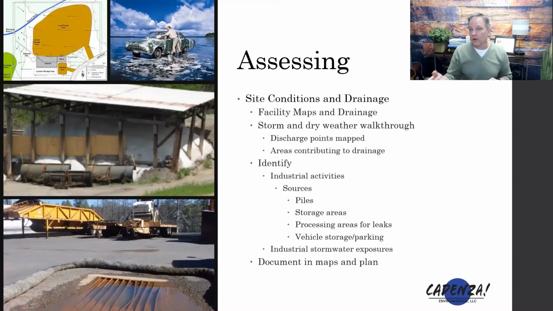Vehicle storage or parking, or activities that happen outdoors that, if not controlled, could contribute to stormwater pollution. So in industrial stormwater exposures, you would identify all of this and put it on your map, and then document in the maps and in the plan what all of these things are.